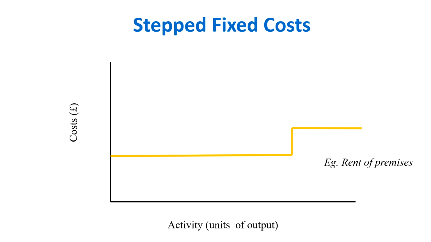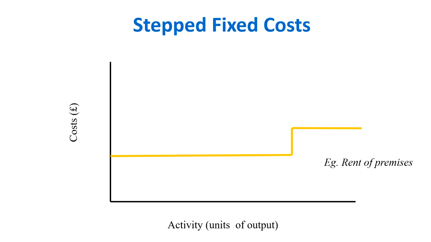It's not just a straight horizontal line across all activity levels, but rather it indicates that when the increase in activity becomes relatively high, then these costs might actually increase. So these are called stepped fixed costs. And this might be the case for many fixed costs. Rent of premises, administrative staff was another example given earlier.